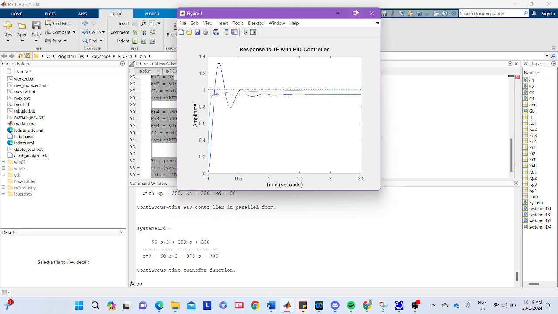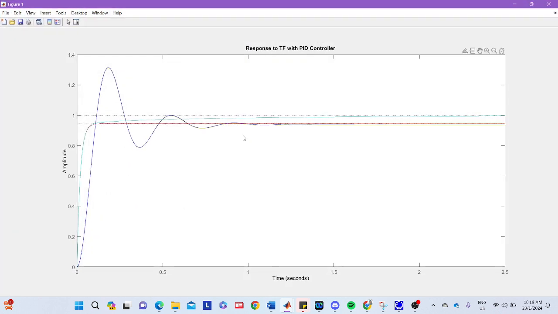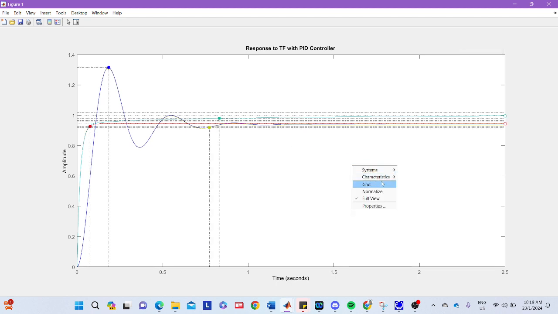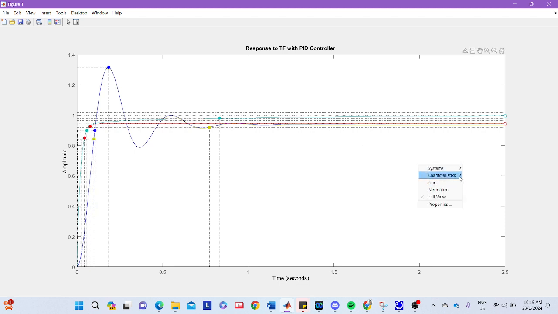So here is the response of the transfer function with the PID controller. We get the peak response, settling time, rise time, and steady state error if there is any.